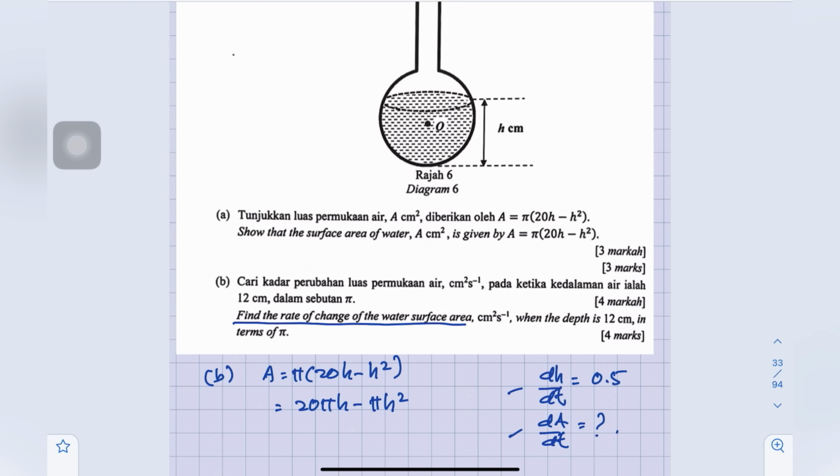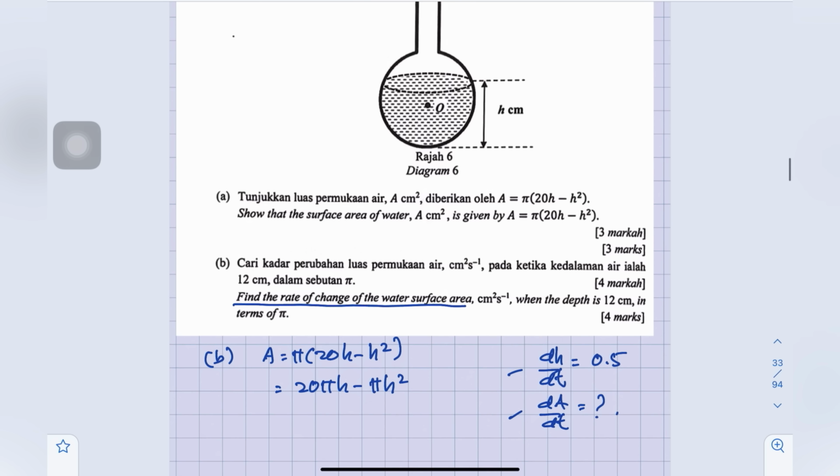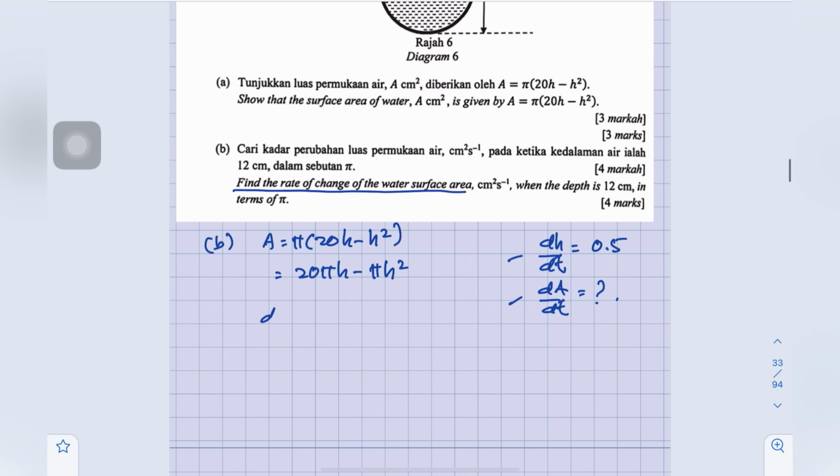So we have A in terms of h. We can differentiate. We will get dA/dh equals 20 pi minus 2 pi h. Okay, so then h is 12 centimeter. So we substitute: 20 pi minus 2 pi times 12, 20 minus 24 is negative 4 pi.